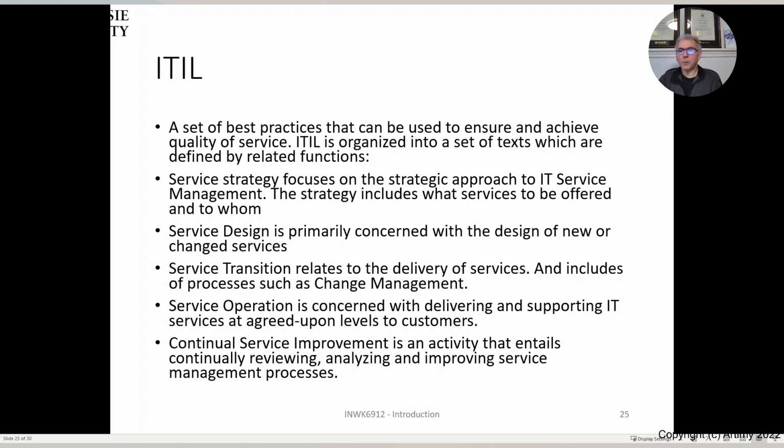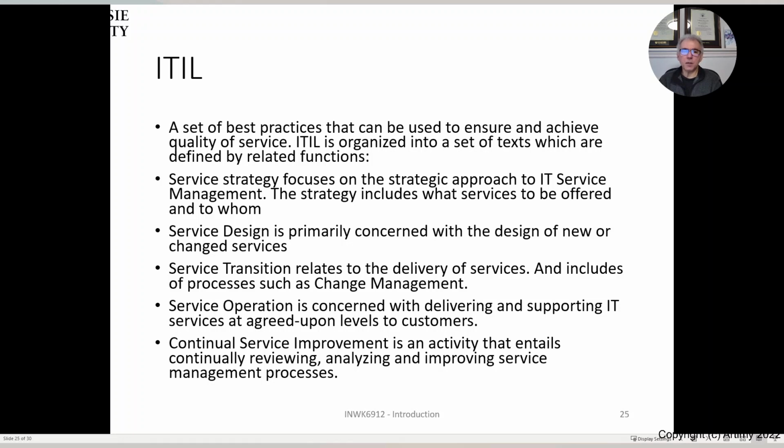From the network perspective, this means actually designing the network, deciding what technologies we use, what hardware we use, what protocols we use, what the bandwidth is, all of that. So that's basically what the service design is concerned about.